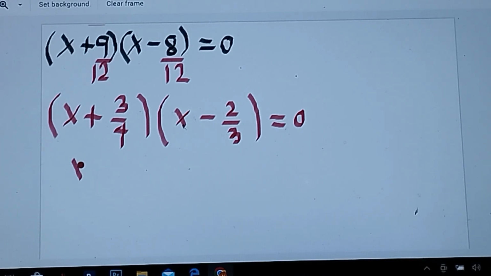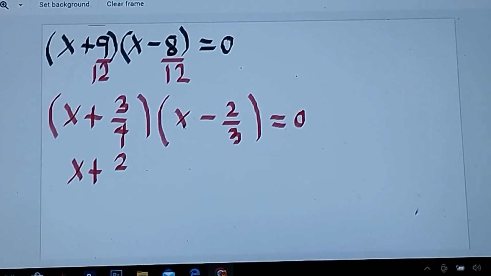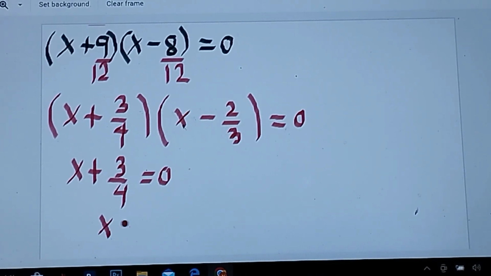Now apply the zero product property of real numbers. Equate each factor equal to 0. The product of two real numbers is equal to 0 if and only if one of the factors is 0 or both factors are each equal to 0. So x plus 3/4 equal to 0. x is equal to negative 3/4.